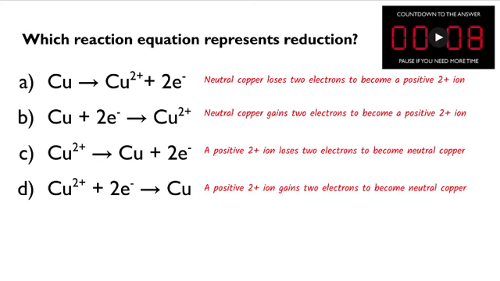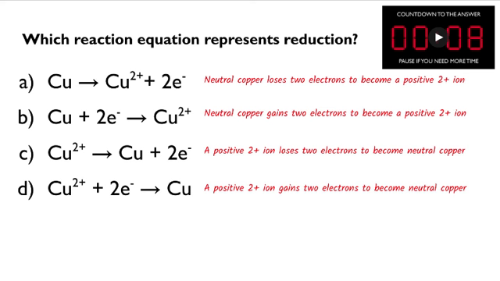So we know that reduction involves gaining electrons. So we have to have the electrons on the reactant side or on the left side of the arrow to represent the atom or ion gaining electrons, combining with the electrons to become one overall unit in the products.